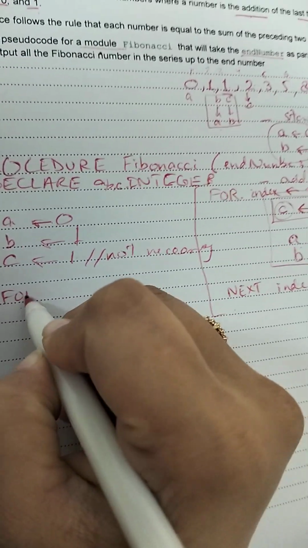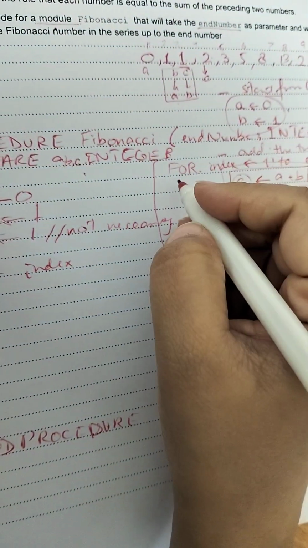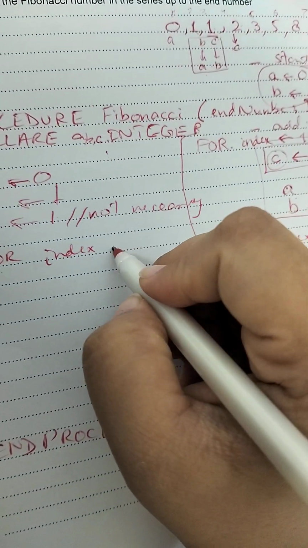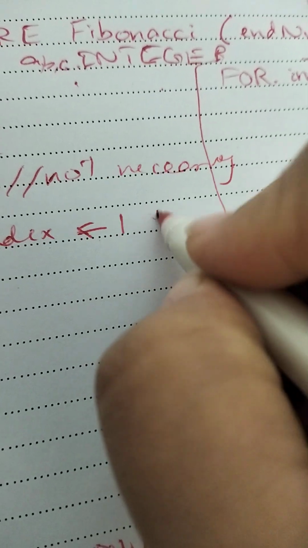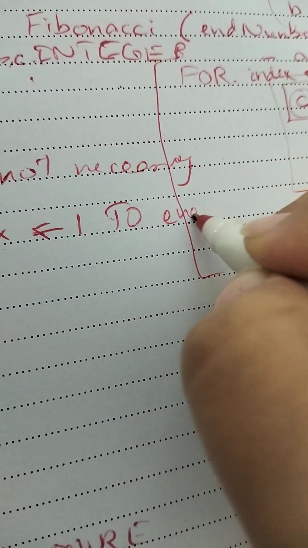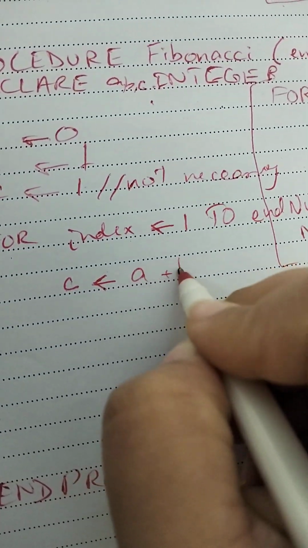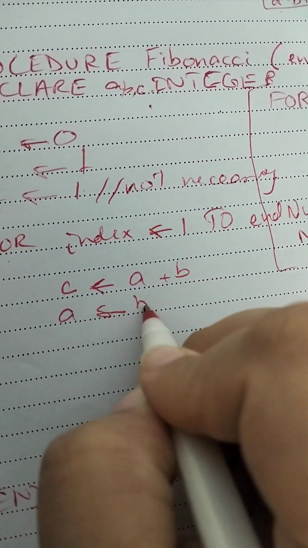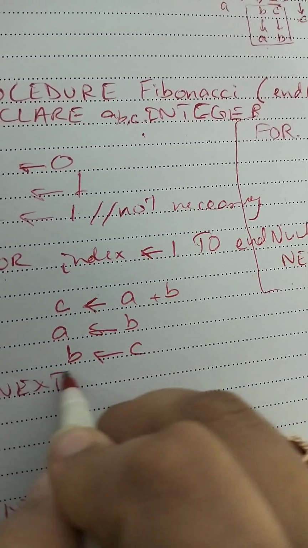So after this the for loop comes, for index, and we need the declaration for the index, but we don't need to initialize it, because the loop will initialize itself to n number. Then inside the loop we are going to have C is A plus B, A is assigned B, then B is assigned C.